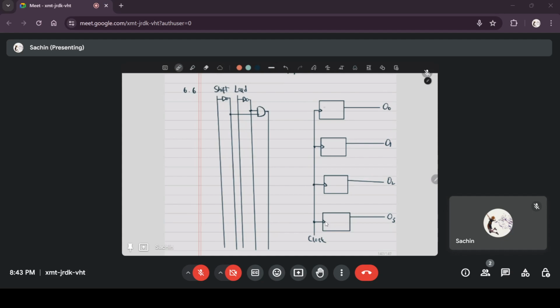Since these are D flip flops, you must give the previous state as the input to the D flip flop in such a condition. So you can AND it with the present state.